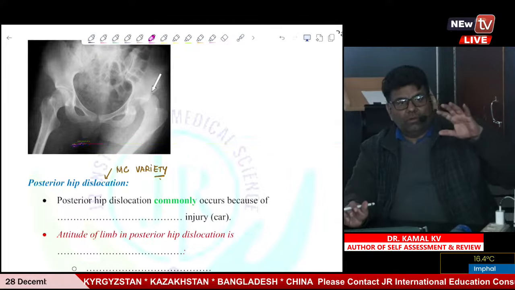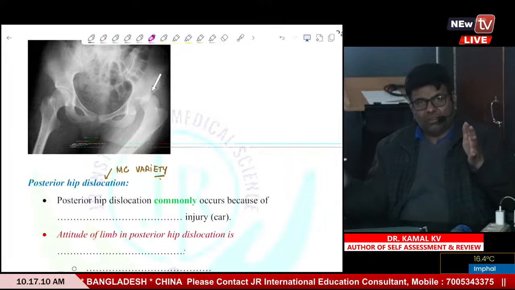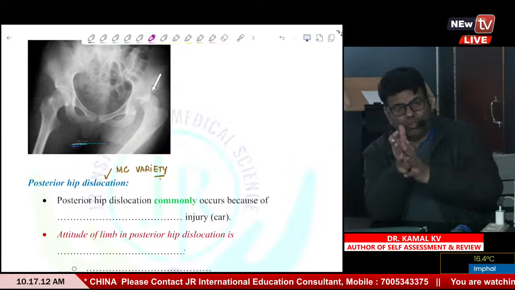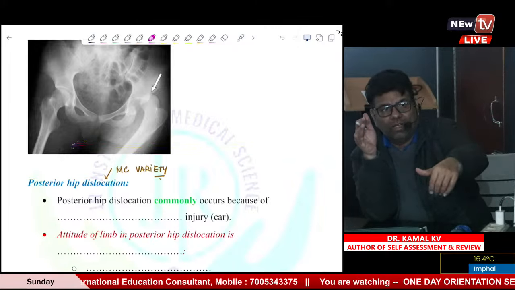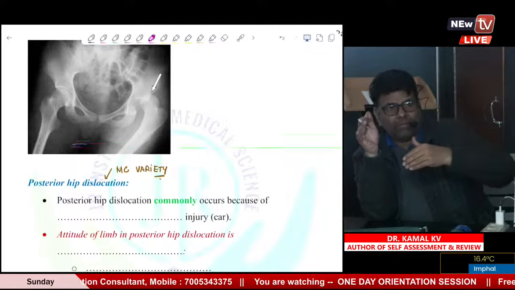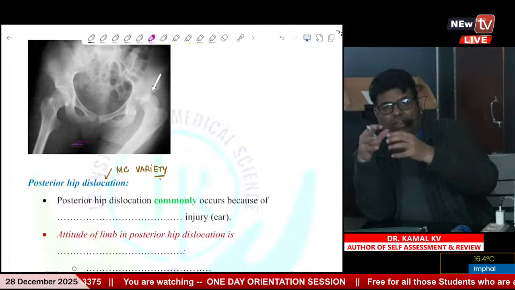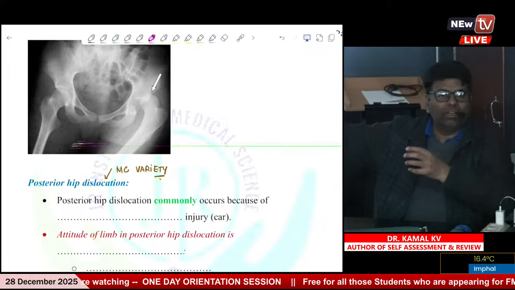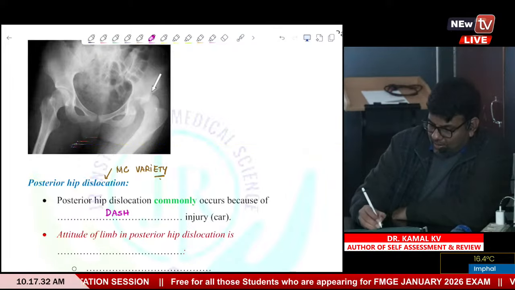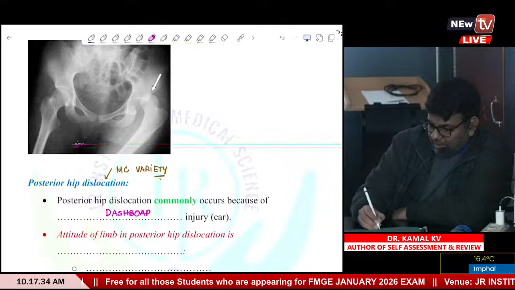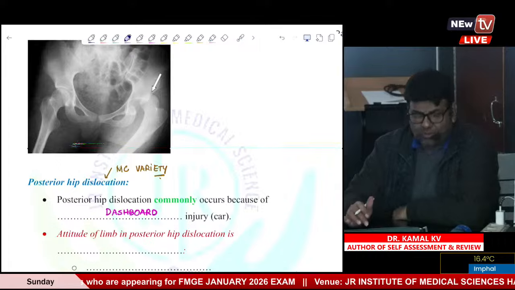If a person is sitting in a car and there is an accident, the body is in motion and goes forward, and the knee strikes the dashboard. A back pressure is generated along the shaft of femur, and it takes the head of femur out of the acetabulum. Therefore this is also known as dashboard injury, because that is the usual mechanism.